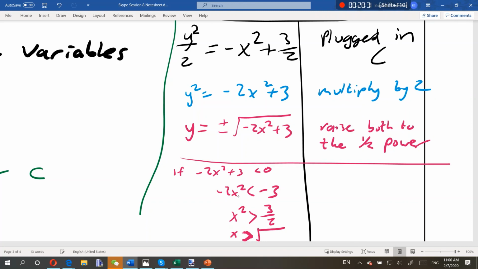Where did I go wrong? I started with the wrong sign. Oops. Alright, I'm going to keep it the way I had it. So if x is greater than the square root of 3 over 2, then y is imaginary.